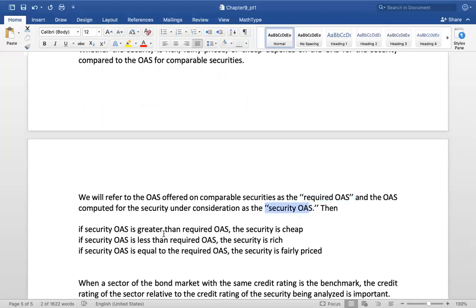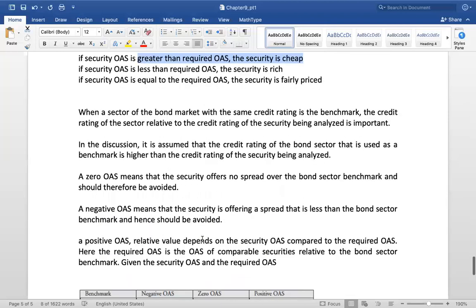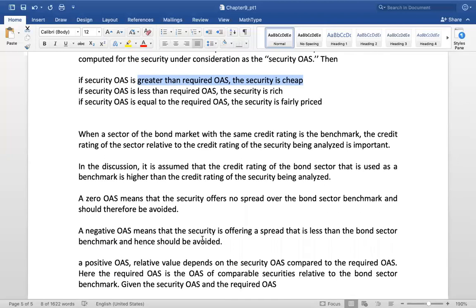If the security OAS is greater than the required OAS, the security is cheap. If it's less, the security is rich. If they are equal, the security is fairly priced, right? So basically, the benchmark for our treasury securities is the option adjusted spread rather than the nominal or the other spreads. Thank you.